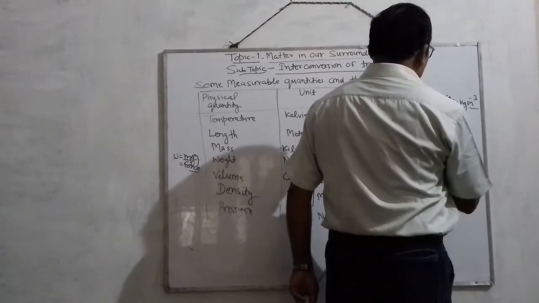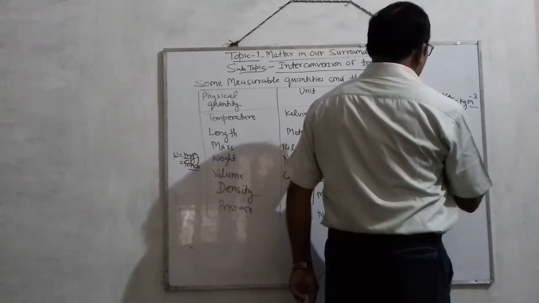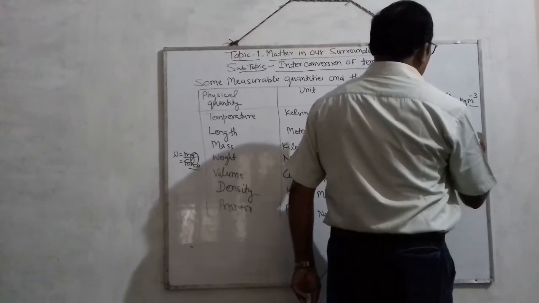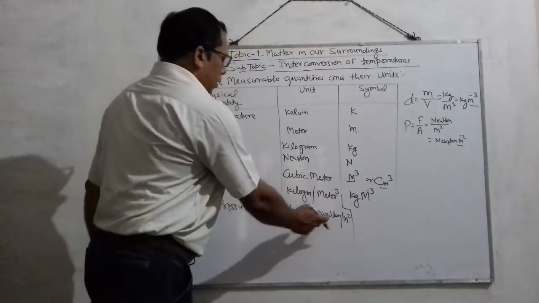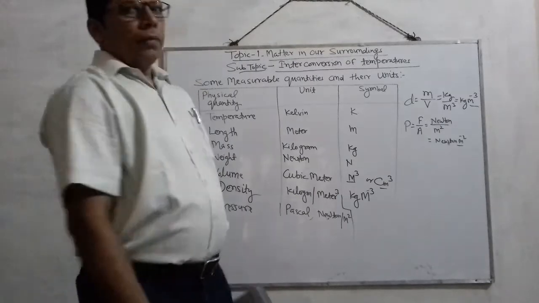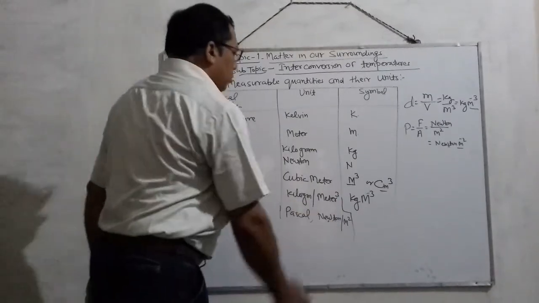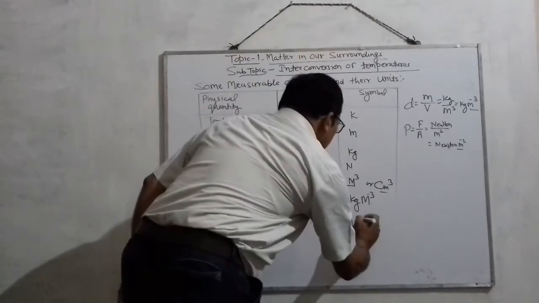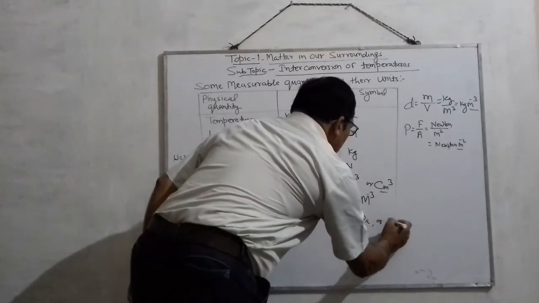So it may be written as Newton per meter square, and that is written here. So the unit of pressure is Pascal or Newton per meter square, and shortly it is written as Pa.